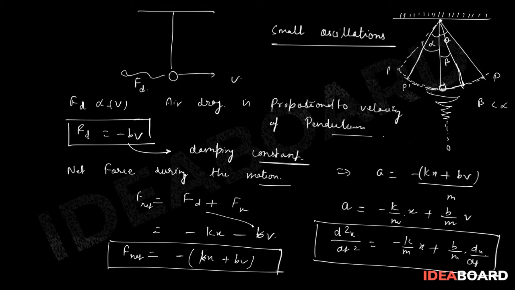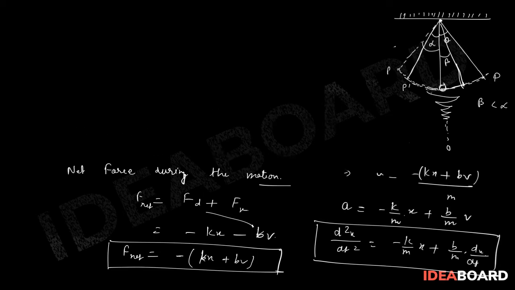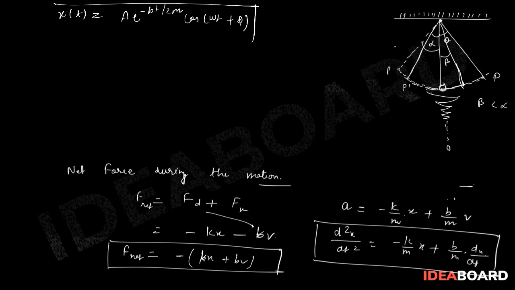The equation of damped SHM is x(t) is equal to A into e to the power minus bt by 2m into cos(omega t plus phi), or sin(omega t plus phi), whatever you want to write, where phi is the initial phase angle, similar to the previous SHM equation.